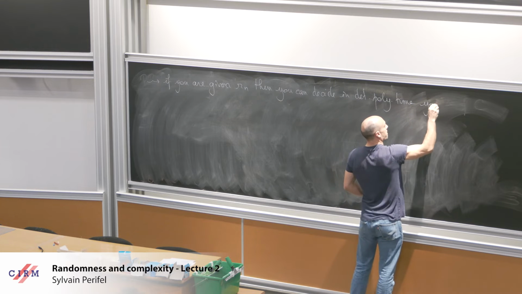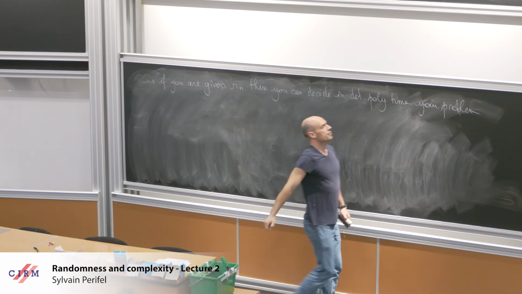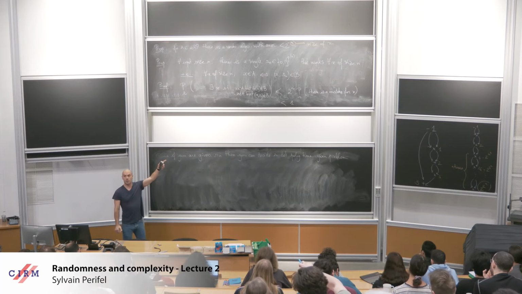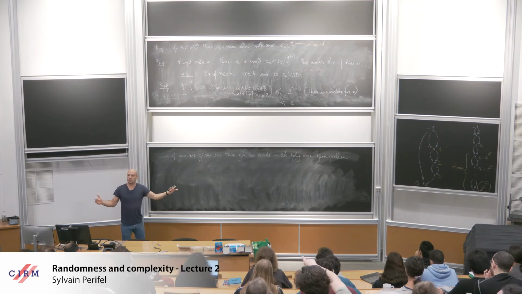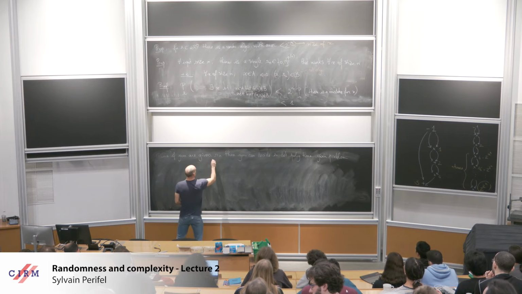So instead of randomizing, you just give the right advice here, the right word R_n, that works for all inputs. Okay. So this will be called an advice.